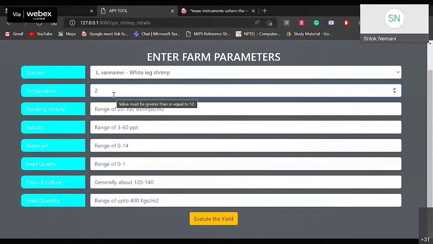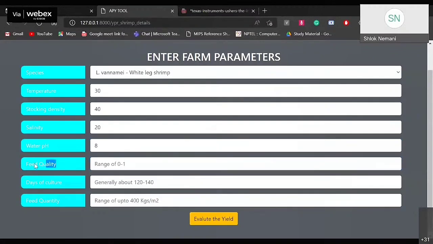Let's say the temperature, since temperatures are increasing nowadays, is above optimal, so we take around 30. The stocking density usually lies around 50, so we can take around 40. The salinity of brackish water can be up to 20 ppt. The nominal water pH used by farmers should be around 9, and we are taking it as 8.